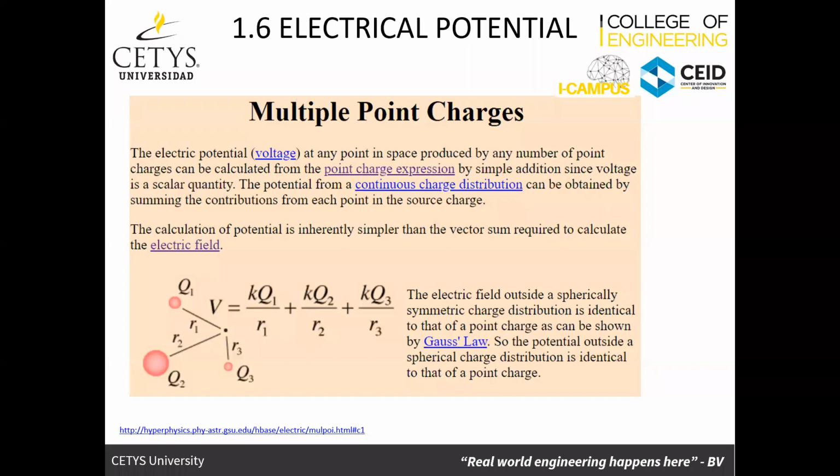So what we were talking about last class, which is the last topic of this relatively long learning module, is electrical potential. And remember, we define electrical potential as the energy we require to move positive charge from infinity to a certain point against an electrical field.